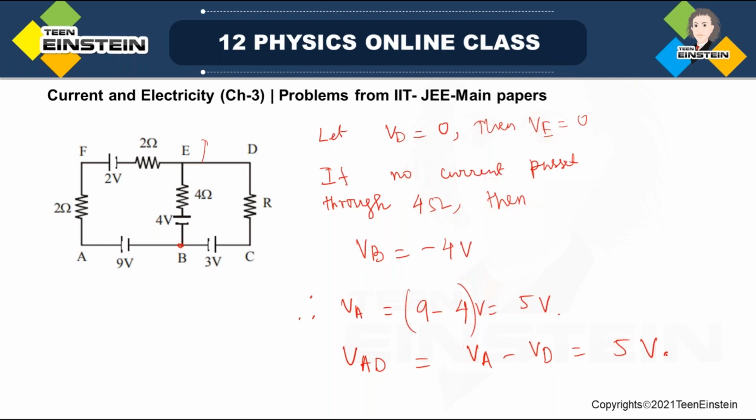If no current flows through the resistor R, then VB is equal to minus 4 volt, and since we took VD equal to 0, VE is also 0.